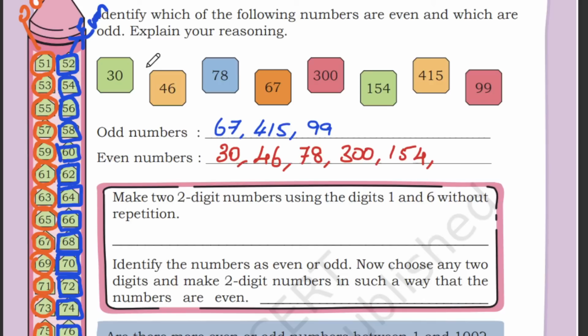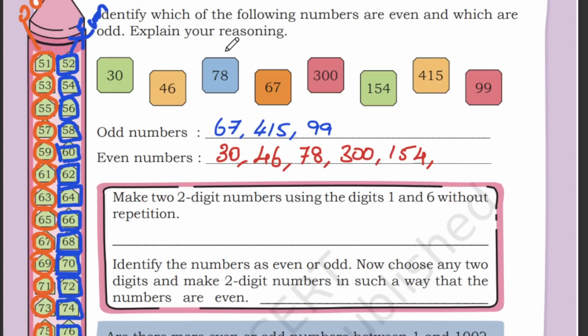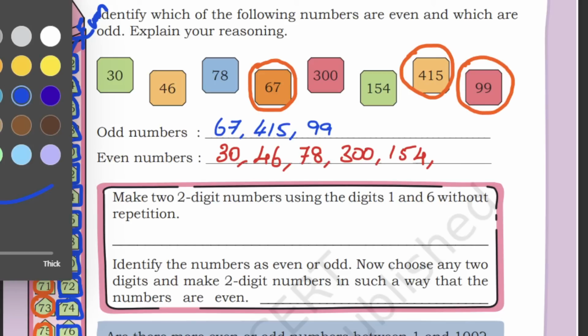So the odd numbers we have, I'm going to circle again in orange color: 67, 415 and 99. Okay, I'm going to square the even numbers.